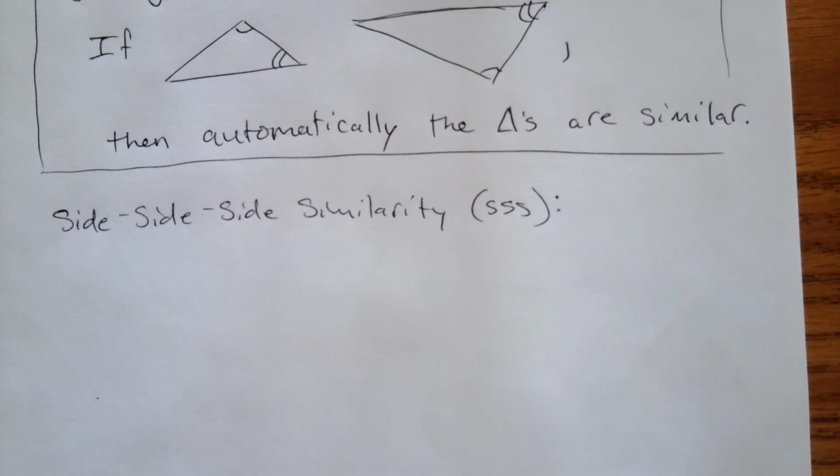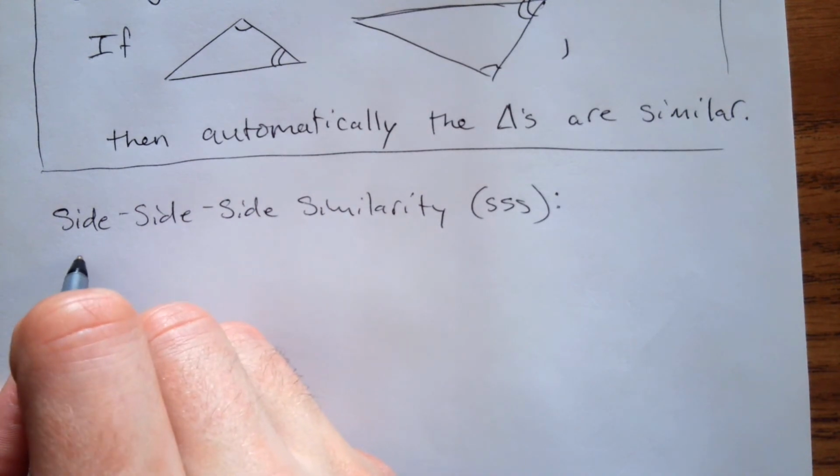That's just saying if all three corresponding sides of two triangles are proportional, then you can jump right away and say that the triangles are similar. So you don't have to find that the sides are proportional and then find that the angles are congruent and then say that they're similar. You just need all the sides proportional.